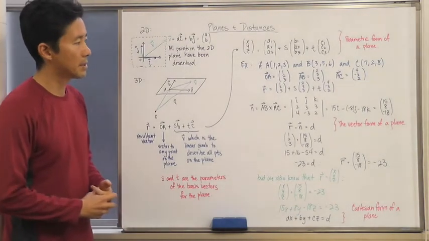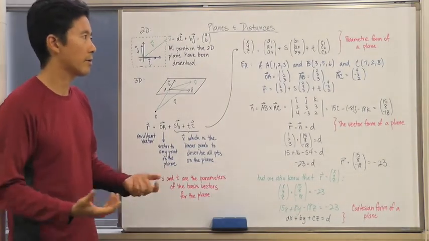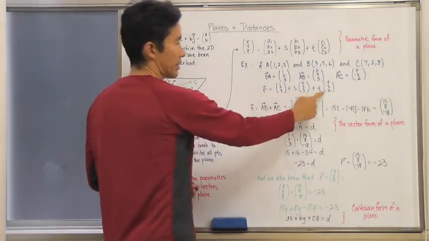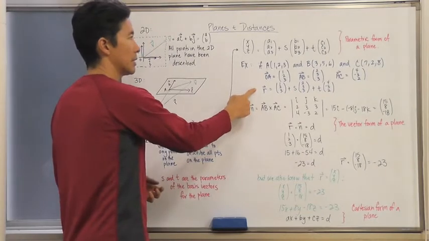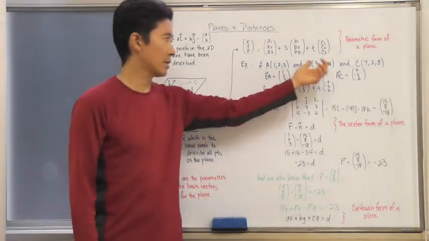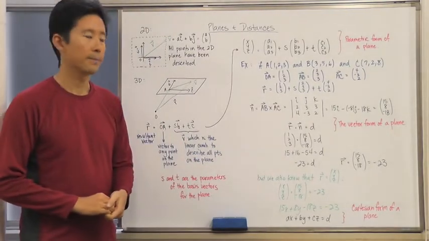If we substitute those values into our general parametric form, we get the specific parametric form of the equation of the plane described by those three points.